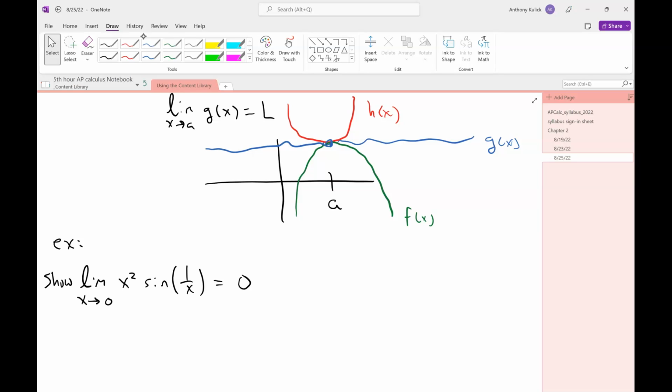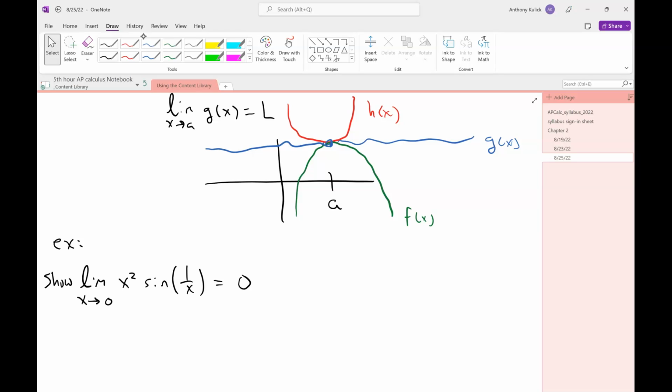First thing I want to point out, if I use direct substitution, does this work? No. Why not? You'd end up with a 0 in the denominator. Because of that, can I use the limit laws to break this up into a product of two limits? No. The limit doesn't exist, so you can't use the limit laws. So if I tried to plug this in, the limit's not going to exist. So we can't use the limit laws to break it up. This is why I'm going to have to use the squeeze theorem. There's no simplifying that I can do here.